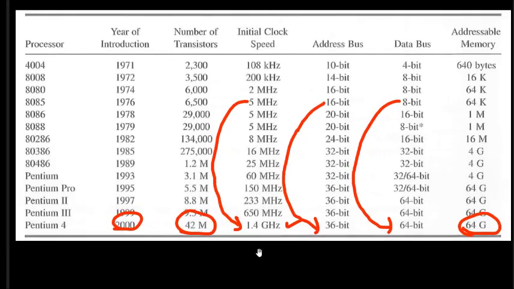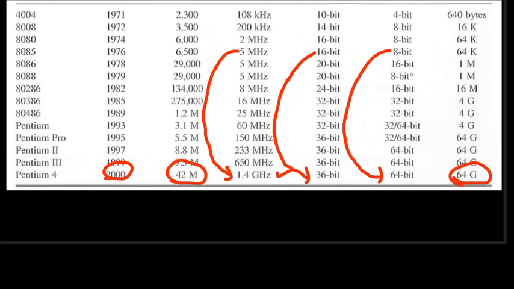Now what processors are we using now? As we are aware, we are using Intel Core i3, Core i5, then Core i7. These processors which are being used now are multi-core processors. Multi-core means that in a single chip, many processing units are working.